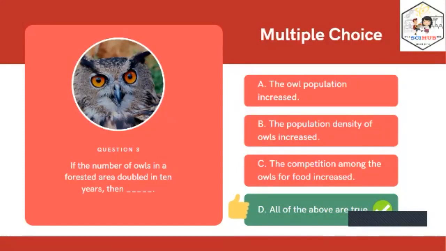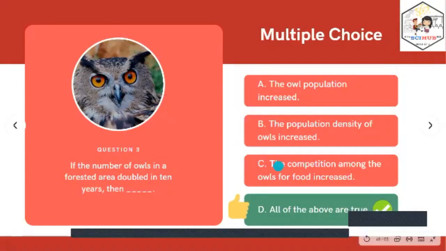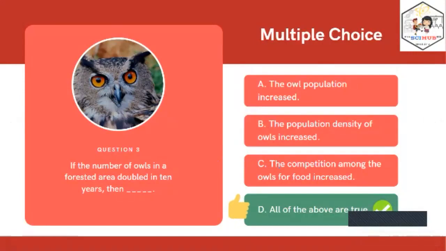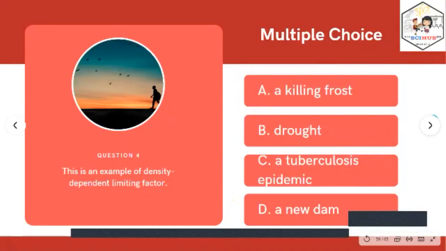And with this, there is also a competition that will happen among the owls for food increased. And this is a natural behavior, since habang dumarami yung populasyon sa isang lugar, mas nagkakaroon or mas namumutawi dito yung competition, sapagkat mas nag-aagawan na sila sa mga resources, sa pagkain, sa tubig, and marami pang iba.